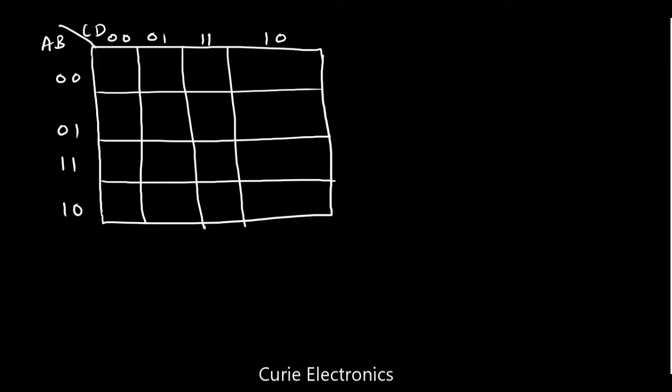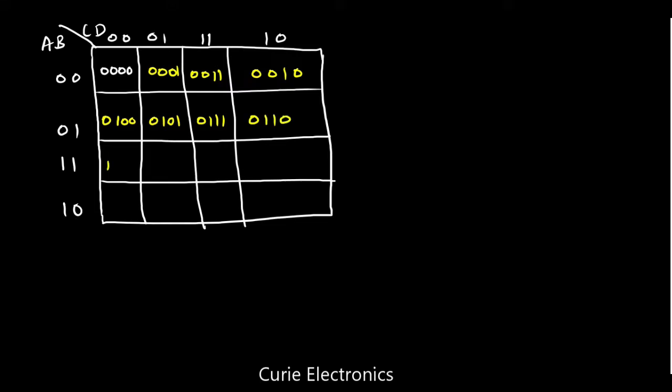Then 0 0 0 0, 0 0 0 1. This is how we write. I hope now you understood how to write it. Let me finish it up. 0 0 1 1, 0 0 1 0. Then horizontally 0 1, vertically 0 0; 0 1 0 1; 0 1 1 1; 0 1 1 0.